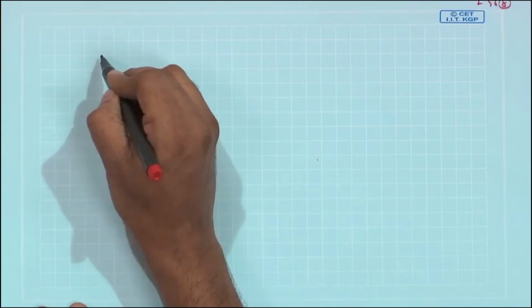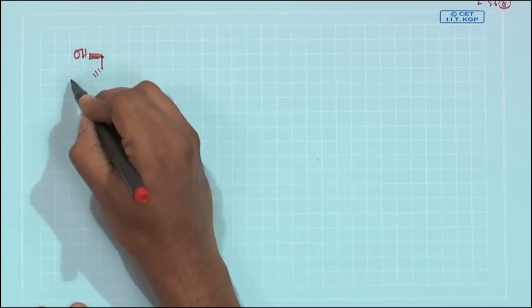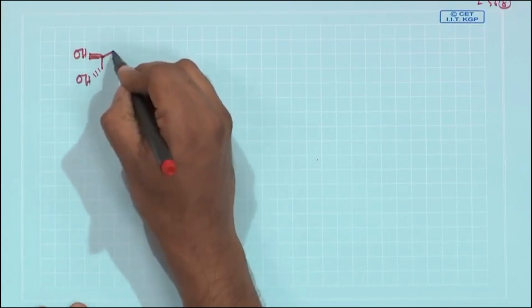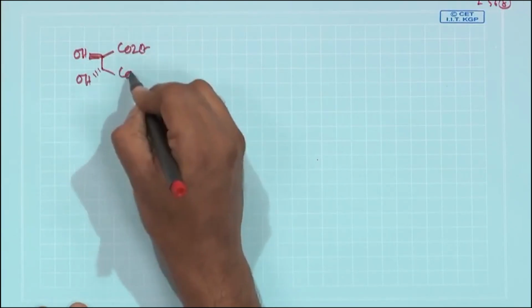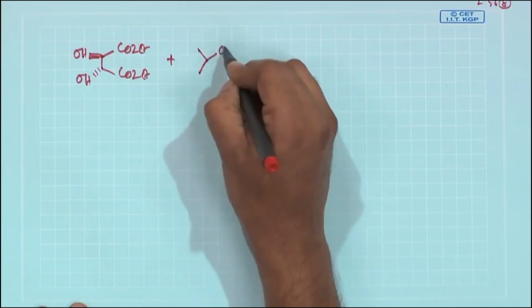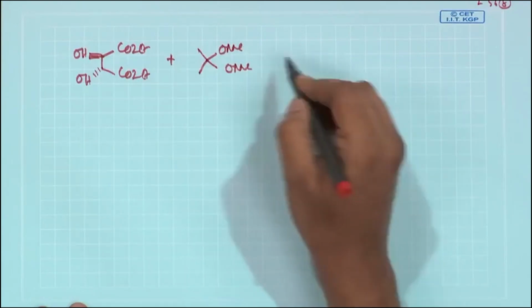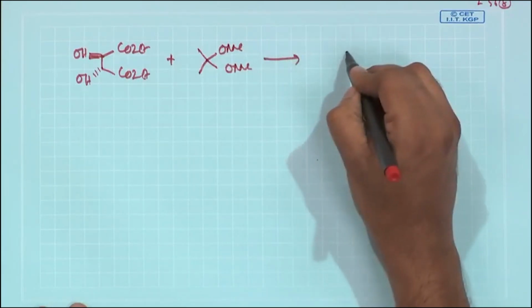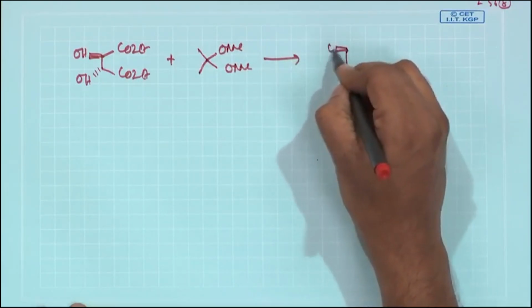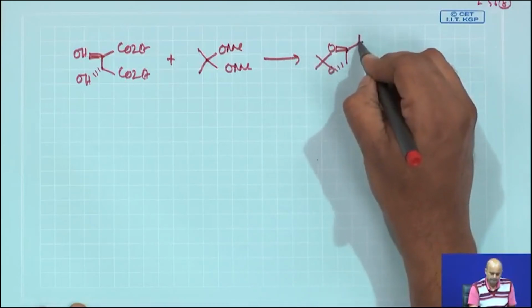Now, we will try to do the forward synthesis and see how this synthesis was done in reality. So, you have tartaric acid diethyl ester, and you react with 2,2-DMP or acetone to first protect this tartrate as its acetonide.